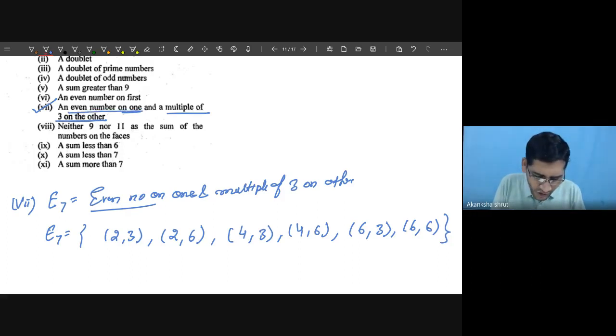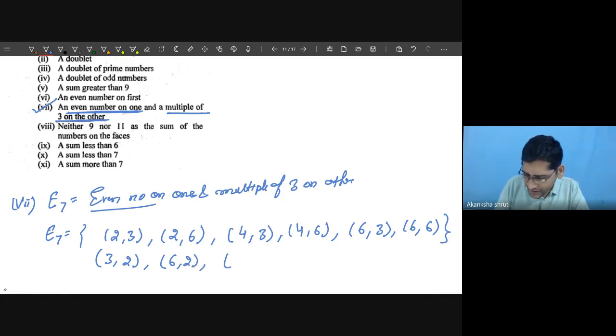Even number on 1 is just asked and multiple of 3 on other is asked. It is not saying that even number on first only. It is possible to have even number on second also and multiple on first also. So it is possible that 3 and 2 also. It is possible to have 6 and 2 also.